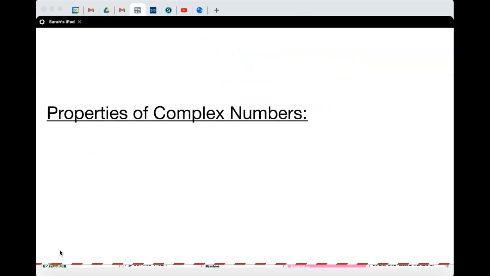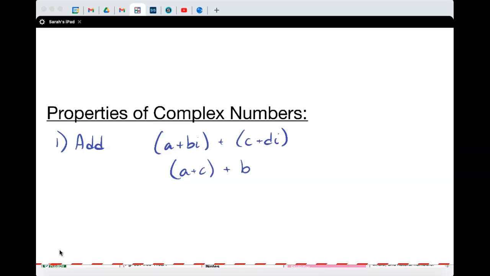Okay, we have properties. Since a plus bi is a complex number, I can add them together: a plus bi plus c plus di. Then I can regroup things, combining the real parts, the a and the c, and combining the imaginary parts, bi plus di.